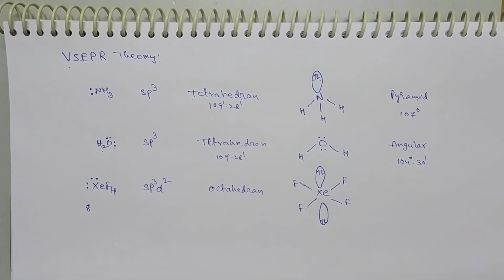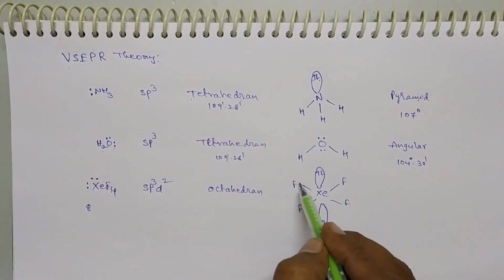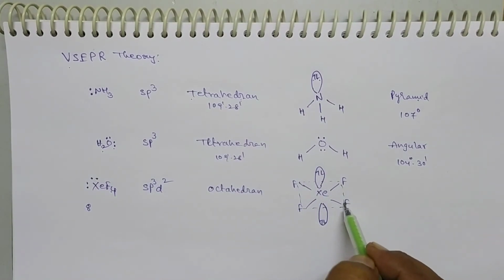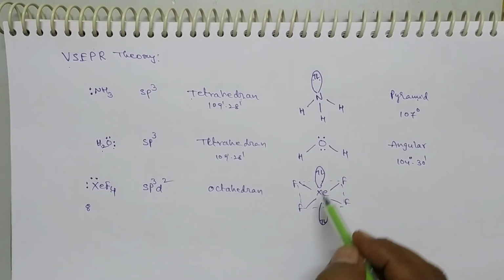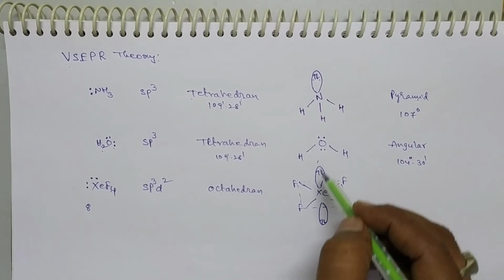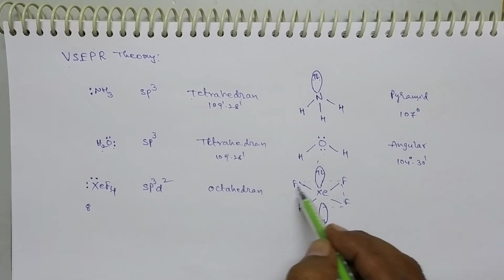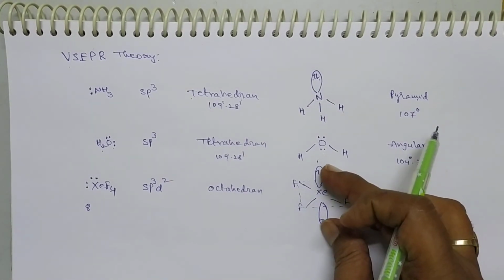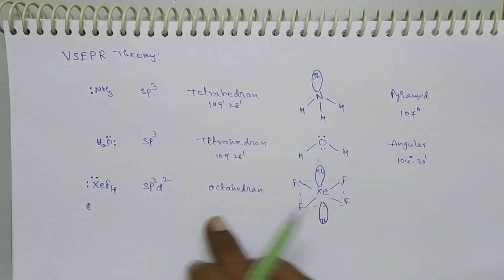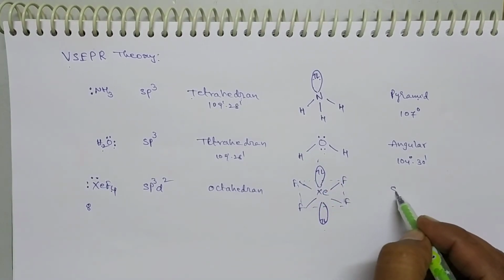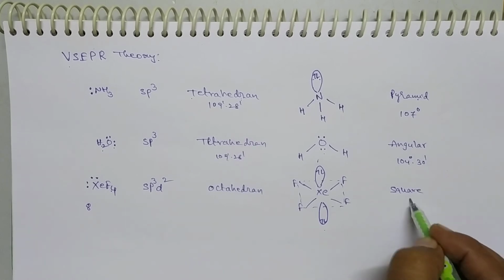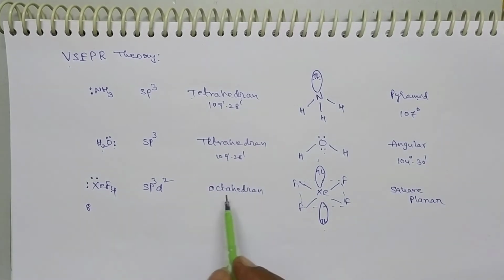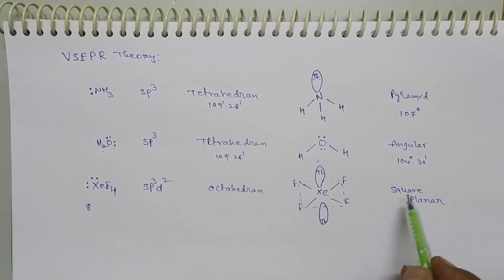One lone pair is above the plane and the other is below the plane of the square. So that's why it will be less repulsive, that means it is more stable. Actually it should be octahedron, but due to the presence of these 2 lone pairs of electrons, it changes to square planar geometry.